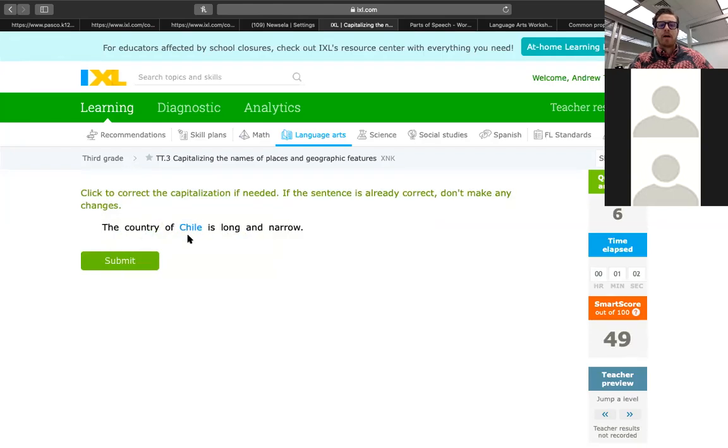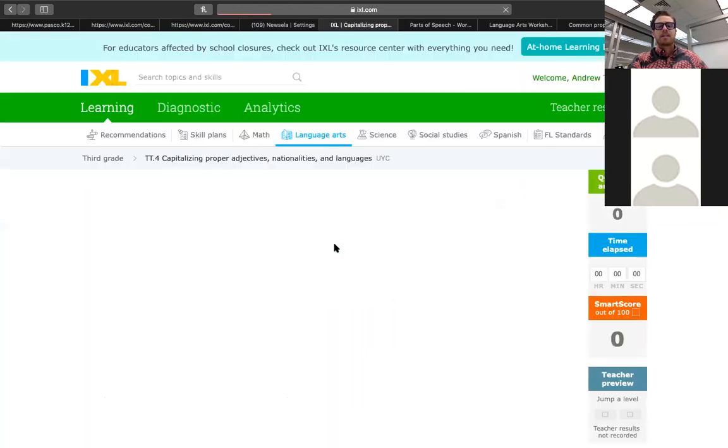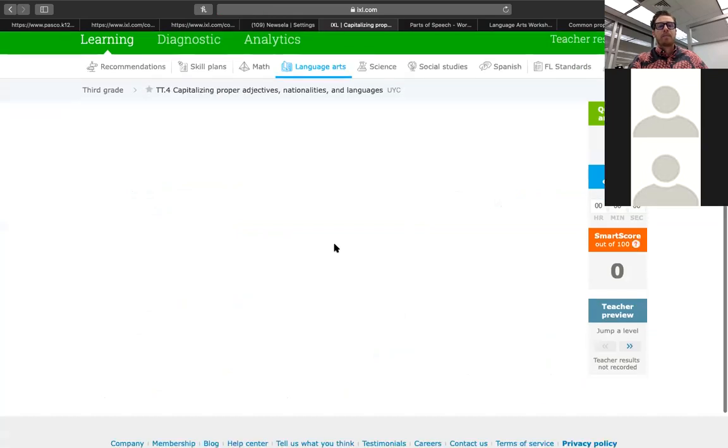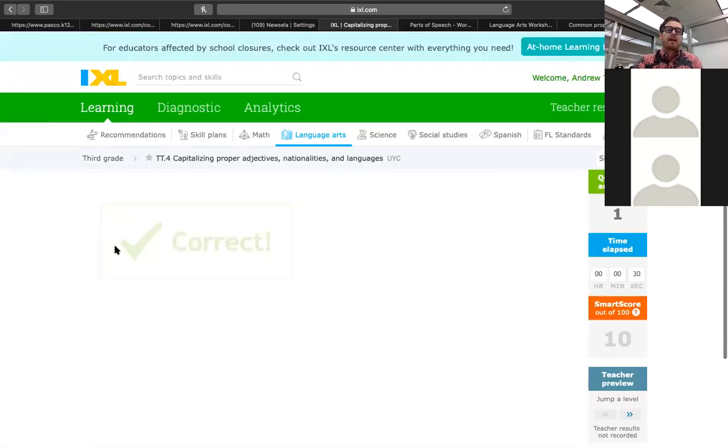All right, so we're going to move to nationalities and languages, proper adjectives. "When you write in Tagalog, the letter P often stands for an F." You have to have a little background. Tagalog is the language of Filipino people, or the Filipino language. If it's a language, it has to be capped. That's kind of a tough one because you maybe do not have that background knowledge.